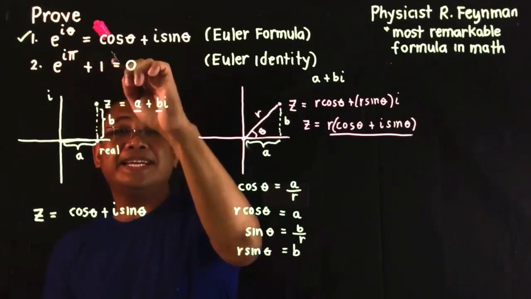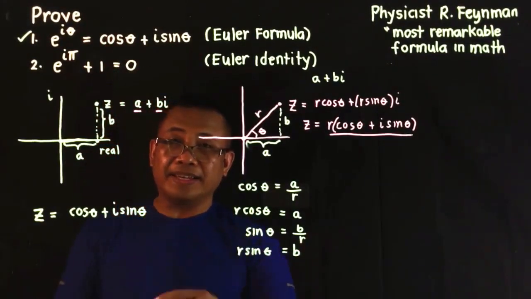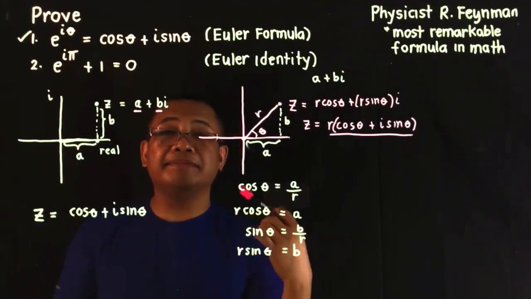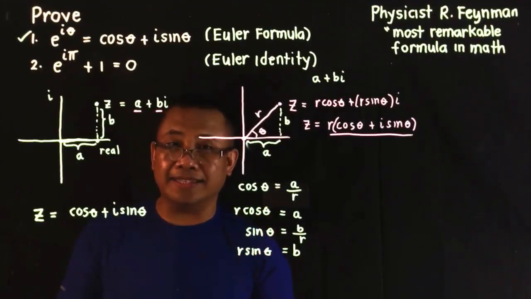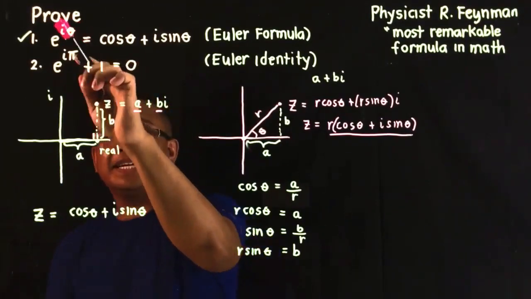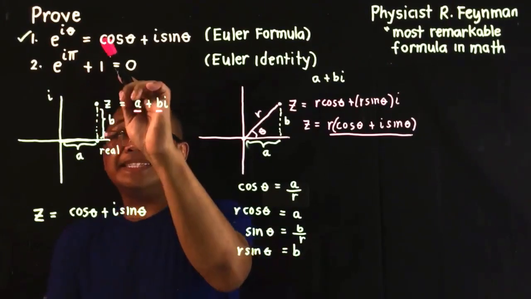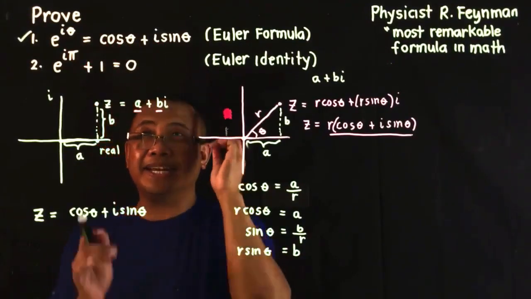And computing the left side is so much easier than computing the right side. That is the reason why in many applications in circuit analysis, in electrical engineering, in physics, if we use this left side form, the computation is made much easier than using the right side.